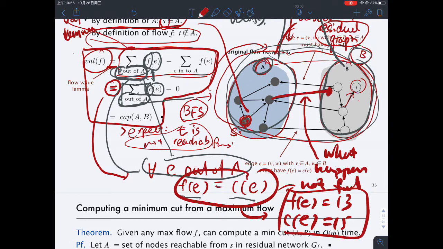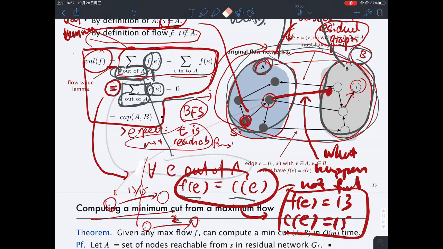If I draw this node again over here, and there's an edge that's 13 out of 15, that basically means that in the residual graph there's still an edge connecting from the left node to a node that's in B.